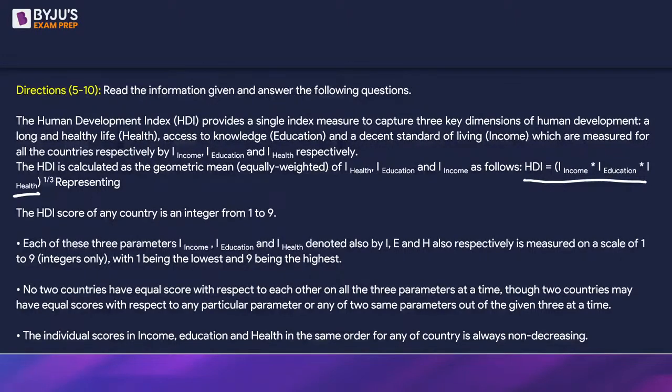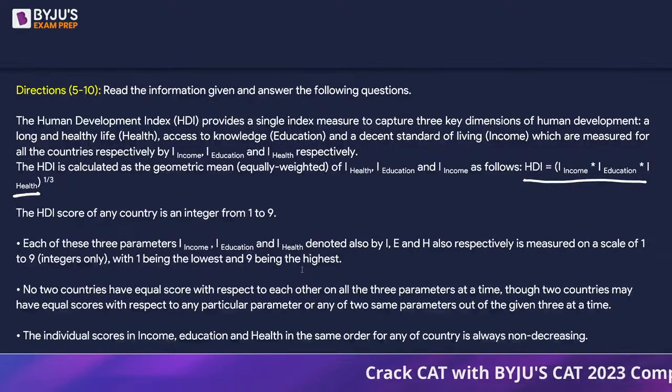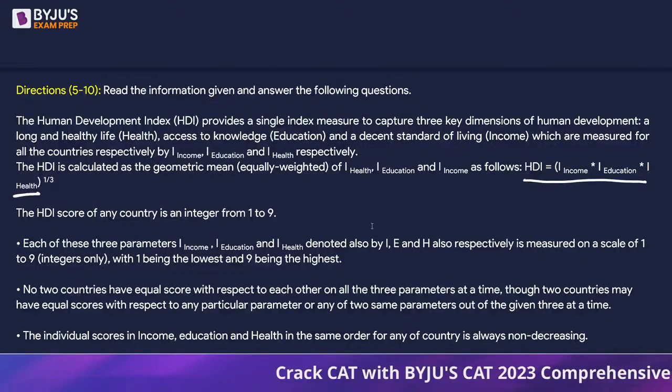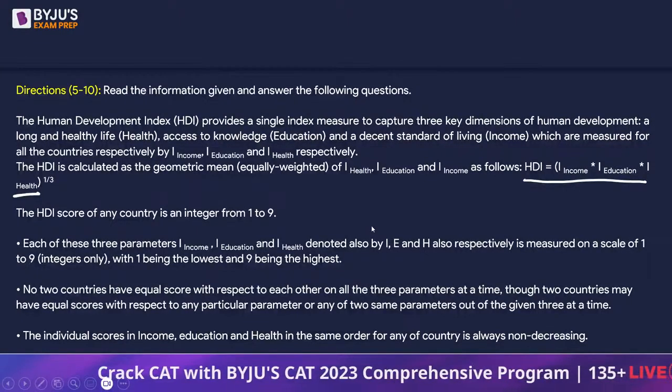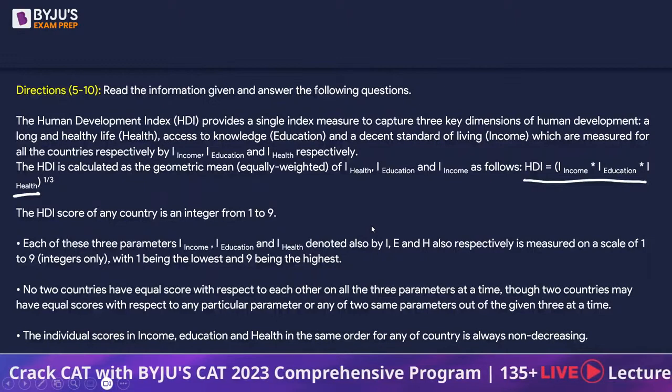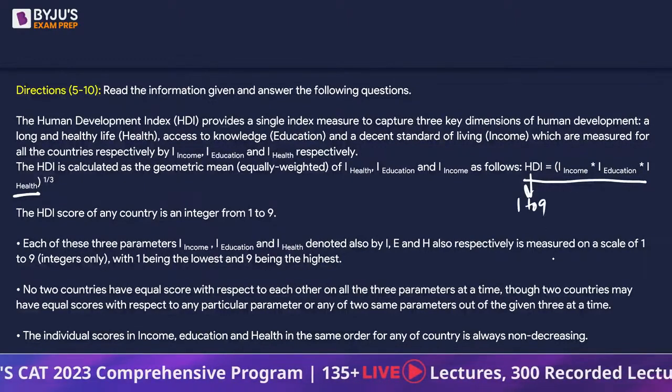है ना? तो मैं ना इसको थोड़ा ये रिप्रेजेंटिंग की जरूरत नहीं है. ठीक है. The HDI score of any country is an integer from 1 to 9. So the numbers that we are going to get over here, it's going to be 1 to 9.